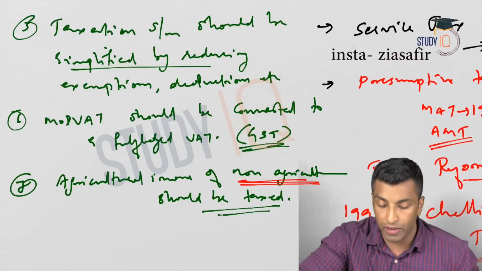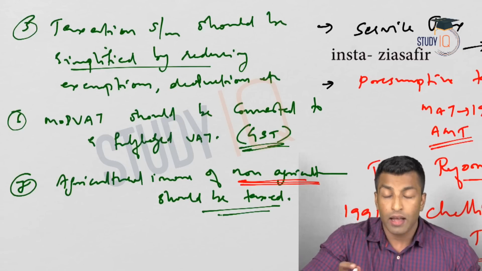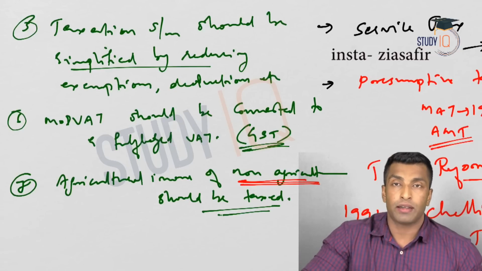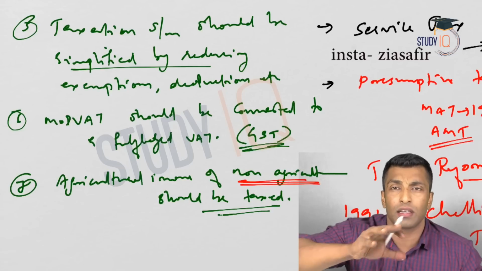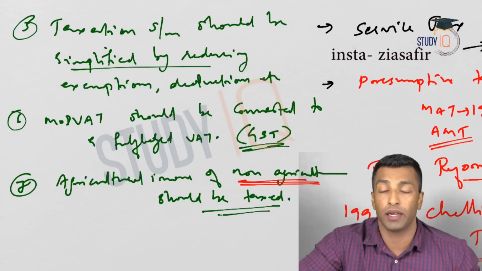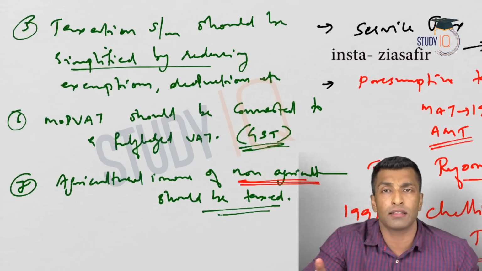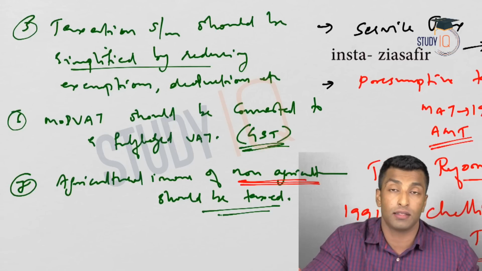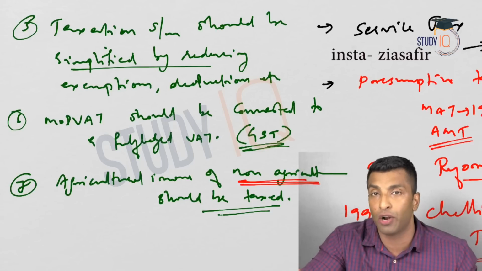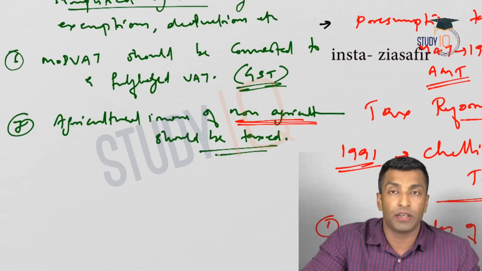That is why, in the case of non-agriculturists, agricultural income should be taxed. Otherwise there will be a mix, and it will be difficult to separate and identify. If they claim that these are agricultural income, what can you do? Especially since this is not a cashless economy and not a well-organized sector, there is a big problem.